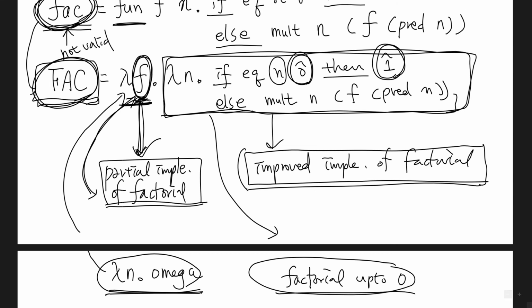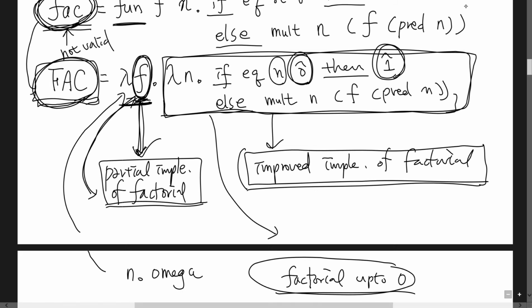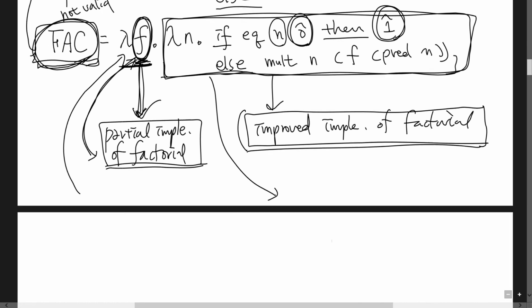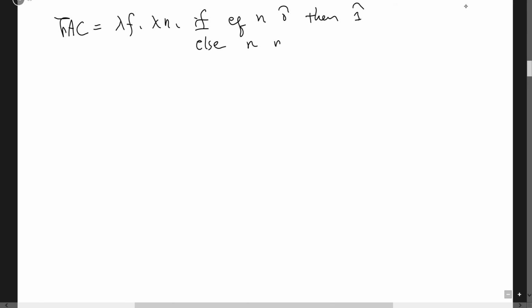So let's write it this way. We have this capital fact. Okay, let me quickly rewrite it: lambda f dot lambda n dot if eq n 0, then 1, else multiply n with f applied to predecessor of n.